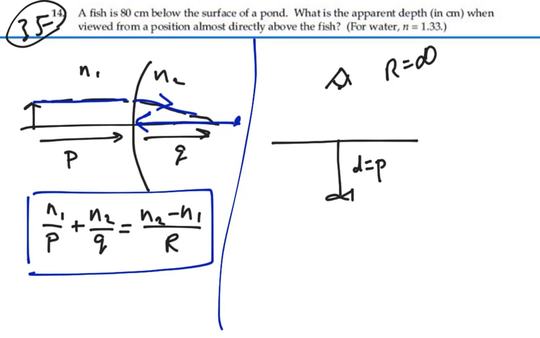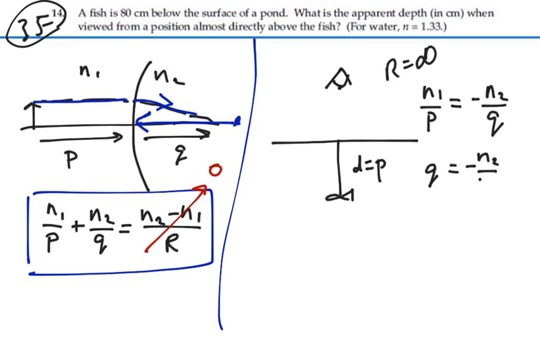So the second term here is going to be 0, and we're going to just end up with n1 over p is equal to a negative n2 over q. q is the image distance that we wish to find. So solving for q, we would have that q is equal to negative n2 over n1 times p.